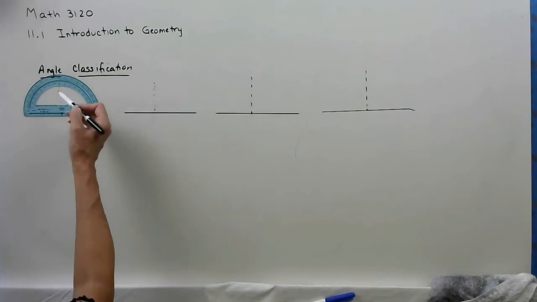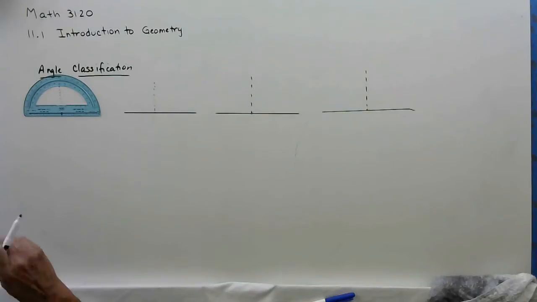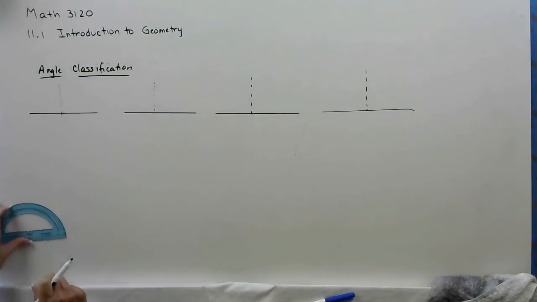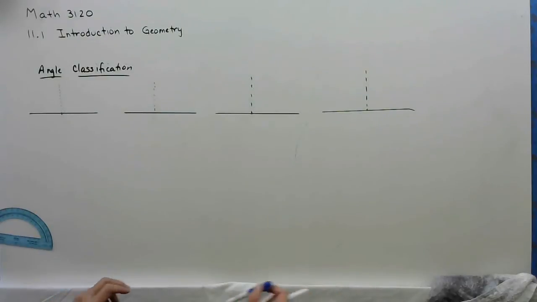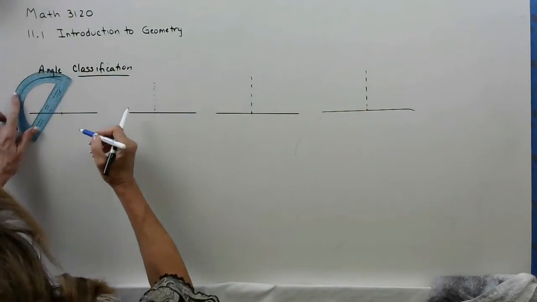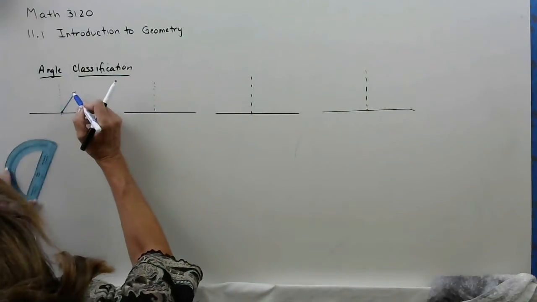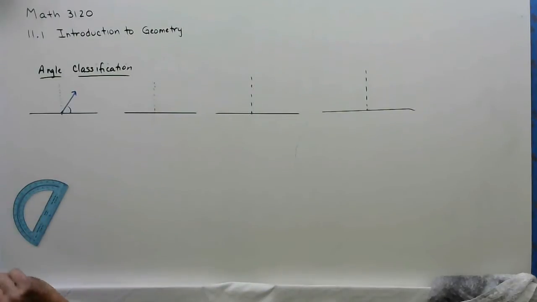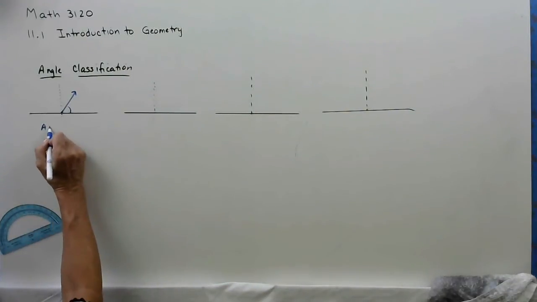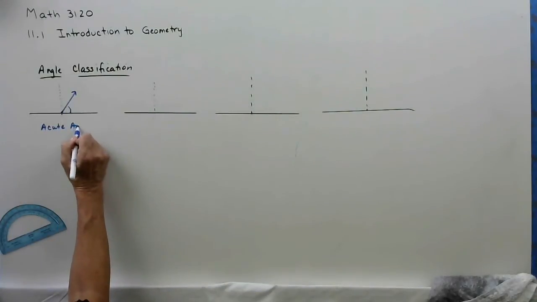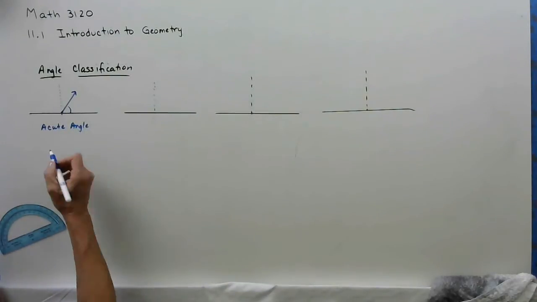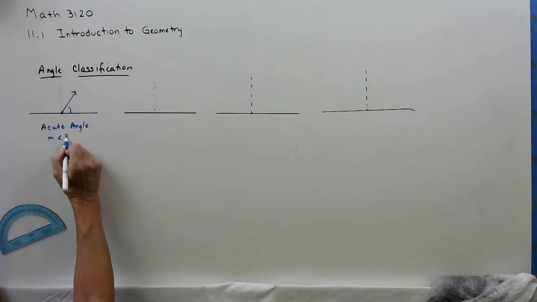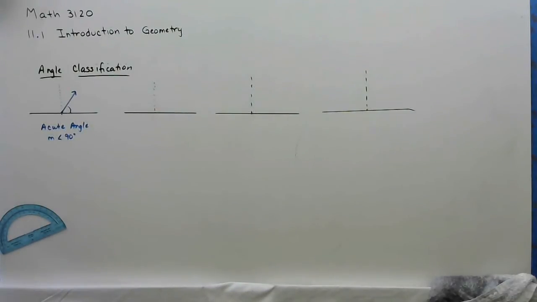If I draw or construct an angle which is less than 90 degrees, so if I construct an angle right here that's less than 90 degrees, that is called an acute angle. Okay, the measure is less than 90 degrees. That's what that little m represents, measure. It's a cute little angle.